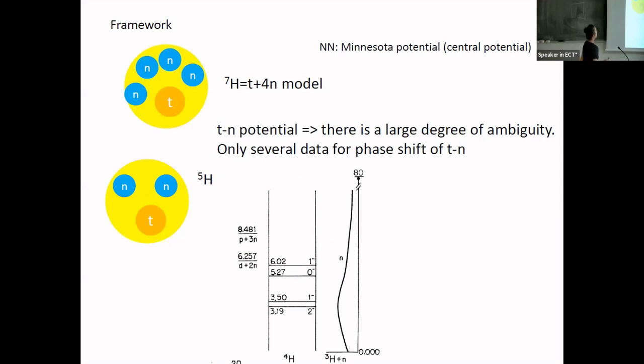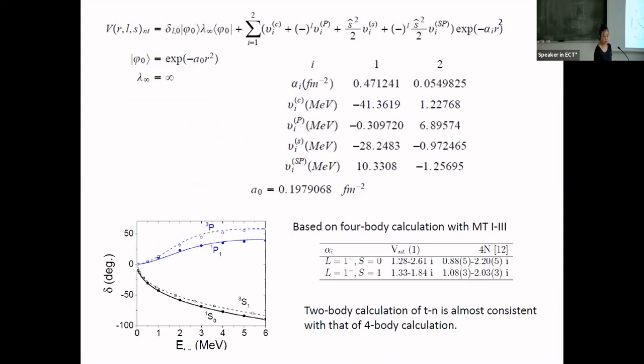Now, as mentioned before, for hydrogen-7 I take the triton plus 4n model. In this case, for the NN potential I take the Minnesota potential, which is composed of only the central part. For the triton and neutron potential, there is a large degree of ambiguity, so we take this and the experimental data. The triton and neutron potential is written like this.